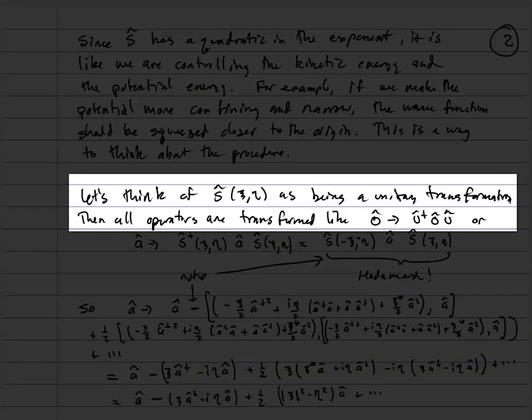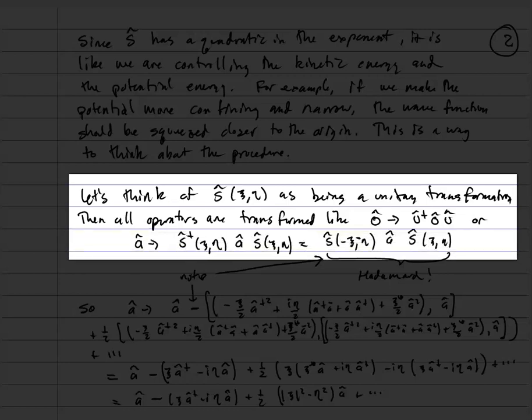We also can think of this as a unitary transformation on our states, and we can always transfer that unitary transformation onto the operators, and so the operators go to U dagger O U, just like going to the Heisenberg representation for time evolution.